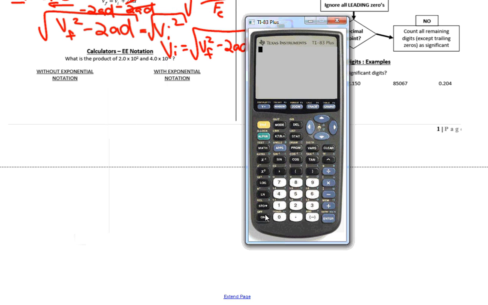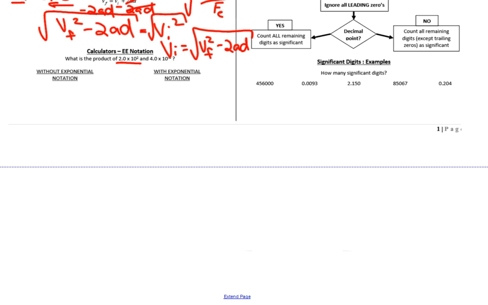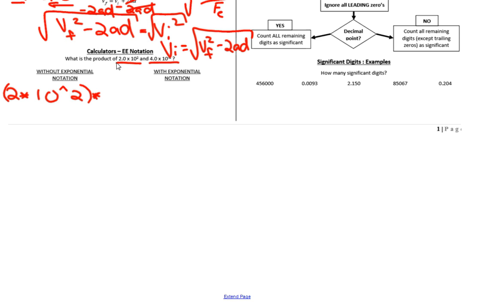If I wanted to take the number 2 times 10 to the second and multiply it by 4 times 10 to the minus 4, without exponential notation, I'm going to have to write it as 2 times 10 caret 2 times 4 times 10 caret minus 4.